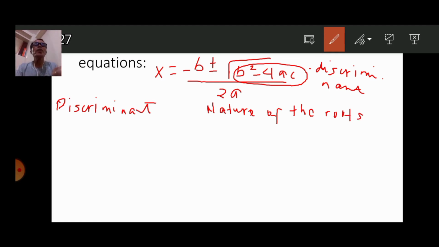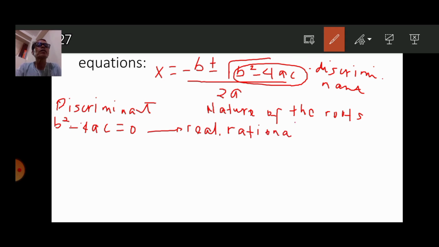If the discriminant b squared minus 4ac is equal to 0, the nature of the roots of the quadratic equation are real, rational, and equal.